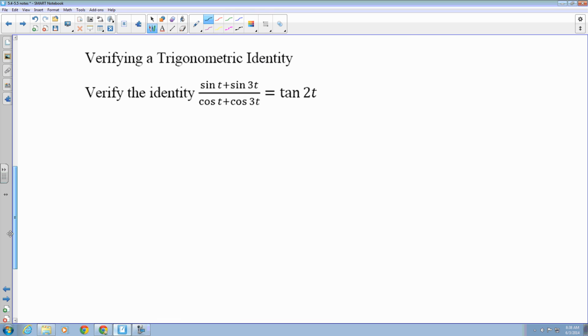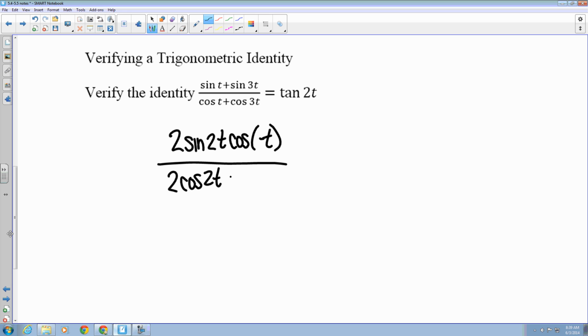And our last question is to verify the trig identity, sine t plus sine 3t over cosine t plus cosine 3t equals tangent 2t. Okay. So I'm going to use the sum to product on top and the bottom. We have the cosine of negative t on the top and the bottom.